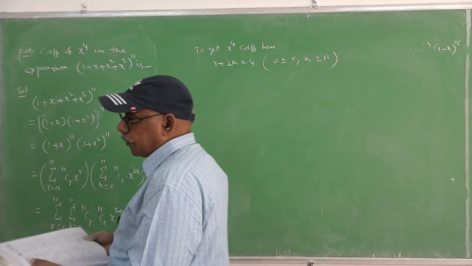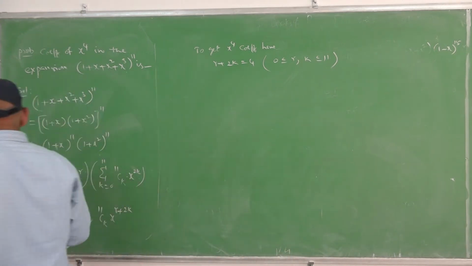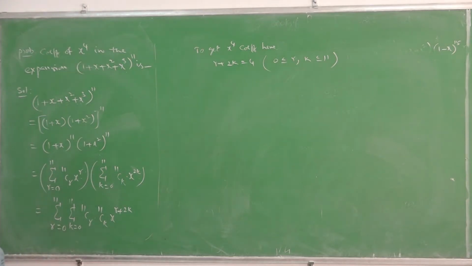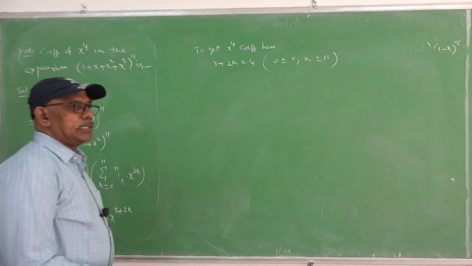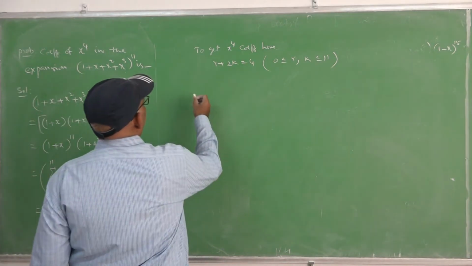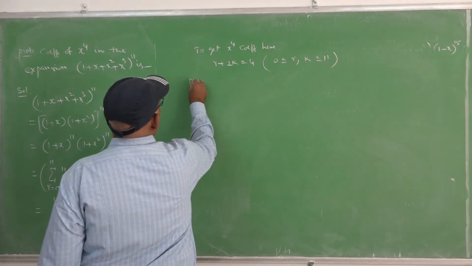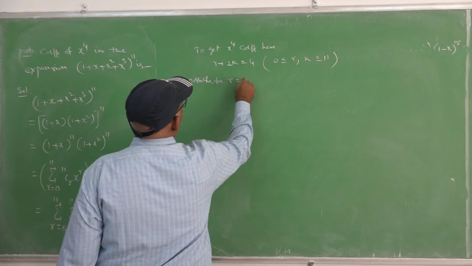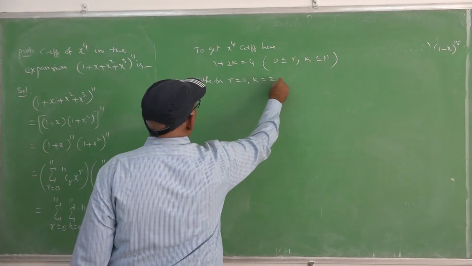So choose different integer values of r and k that lie between 0 and 11, so that r plus 2k equal to 4. That is possible for r equal to 0 and k equal to 2. That is one case.